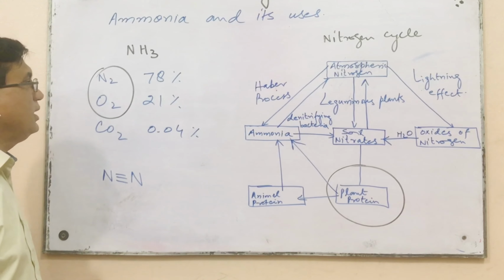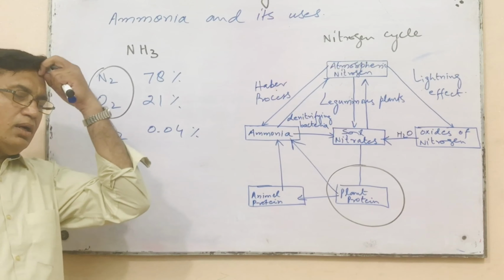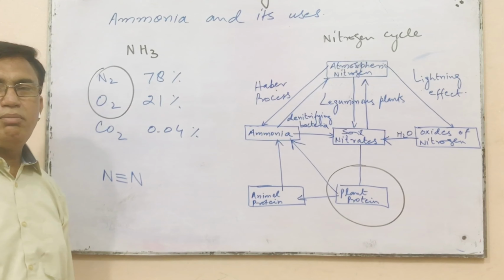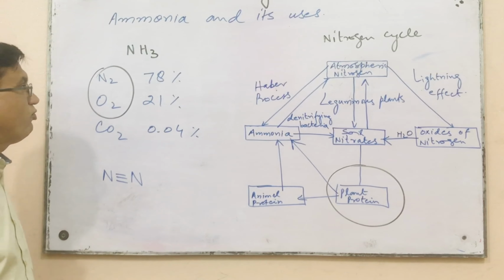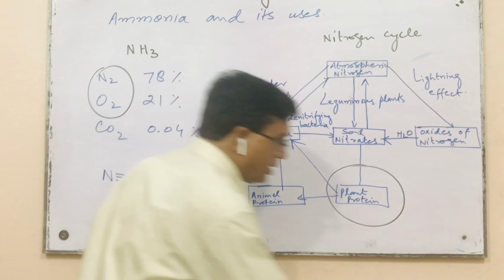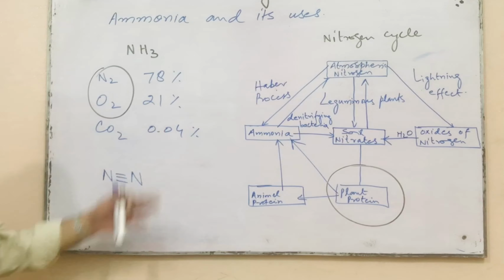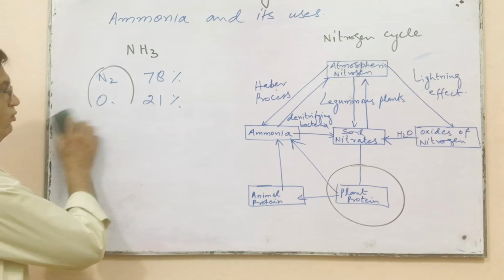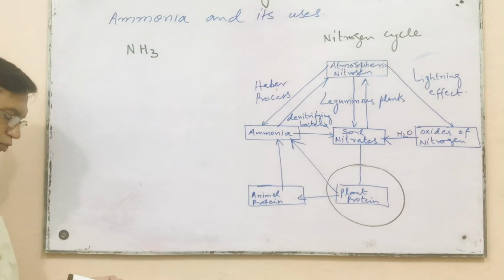How can we say that ammonia is providing the maximum content of nitrogen? This can be done by calculating the percentage of nitrogen in ammonia. How can we find out the percentage?